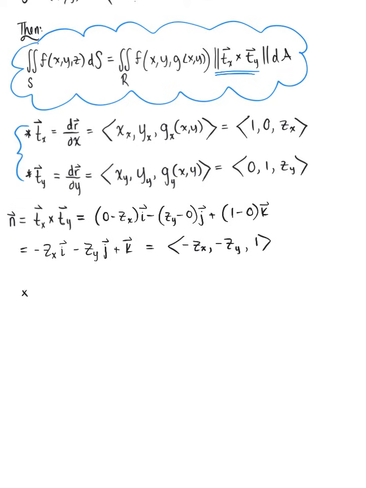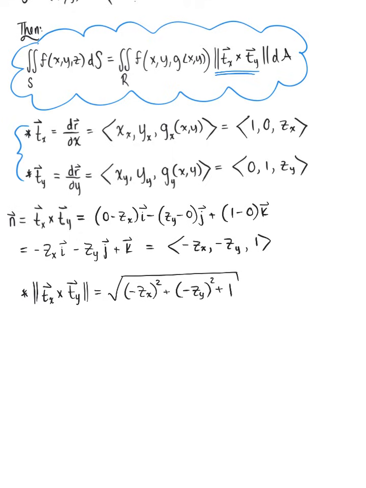So we can say that the magnitude of the cross product of the tangent vector in the x and y direction is going to be defined as the square root of minus the partial derivative of z with respect to x squared, plus minus the partial derivative of z with respect to y squared, plus 1 squared.